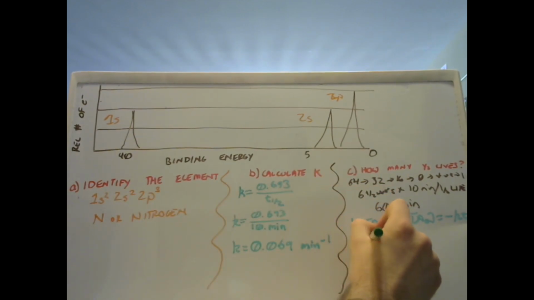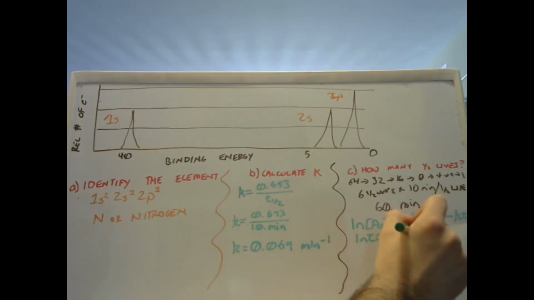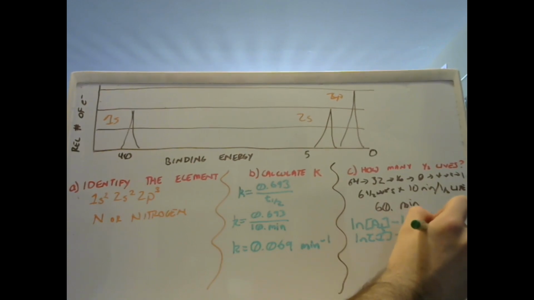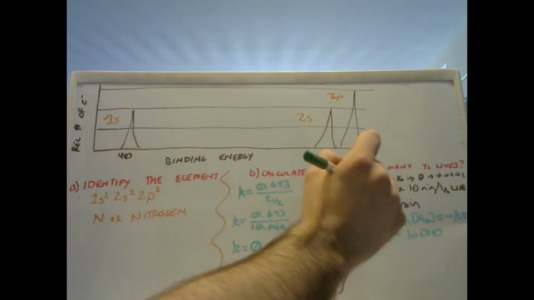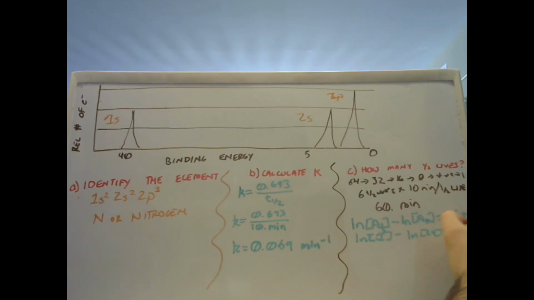A is 1, A naught is 64, and K is the value we calculated here, 0.069. If I solve it for T and do all my math very, very carefully, I will get, once again, 60 minutes. I personally prefer the first step because it doesn't involve as much logarithm math, but either way works.